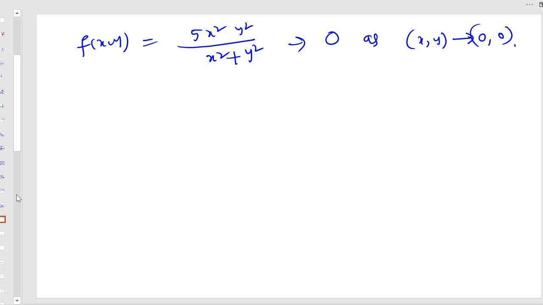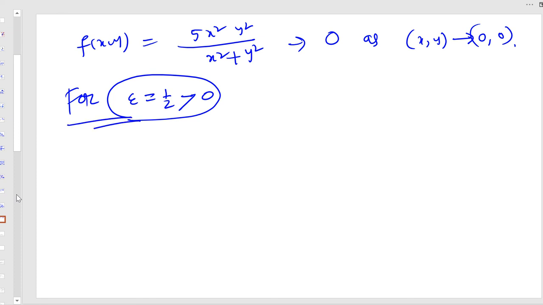That means if you take, for example, epsilon equals half, it is greater than 0, because our target is to select delta for every epsilon greater than 0.